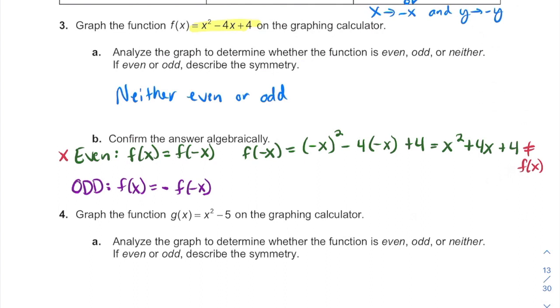How I often will do it is I will start and I'm going to replace y with f of x, and I'm going to call this negative y. And then just like we did with all the x's, I'm going to make them negative. Negative x squared minus 4 times negative x, and then plus 4. Now we're going to clean it up, and then eventually we need to get rid of the negative in front of the y.